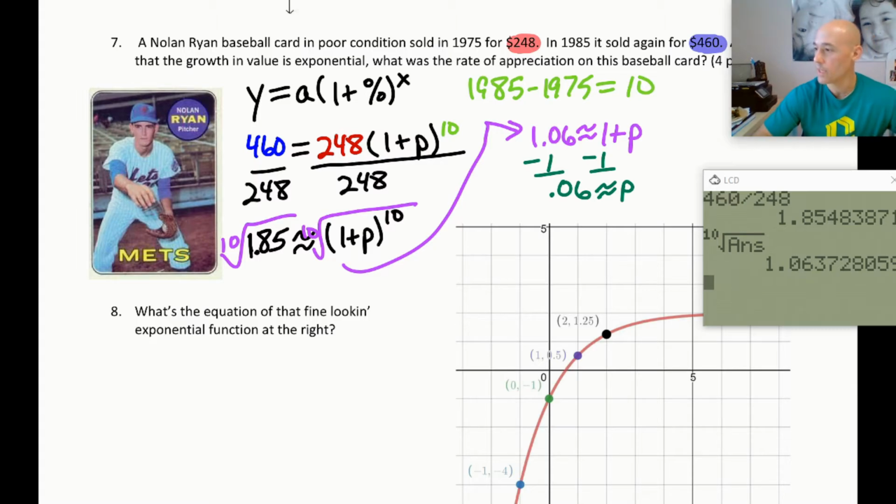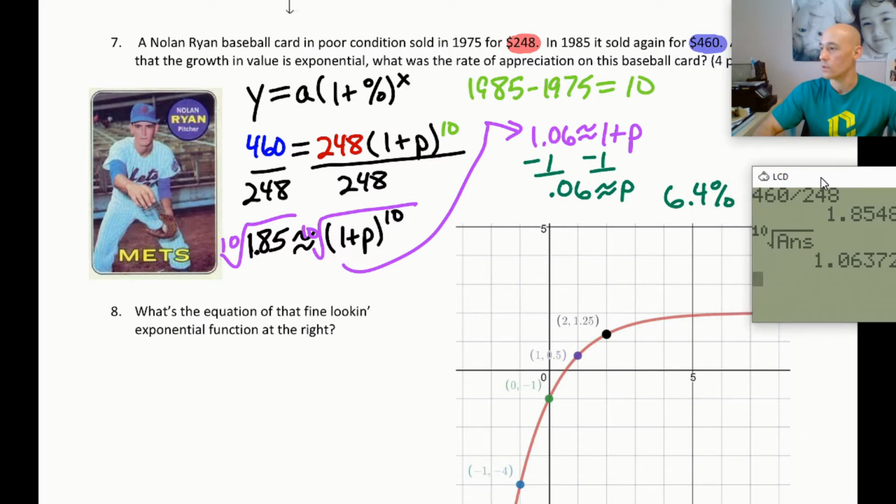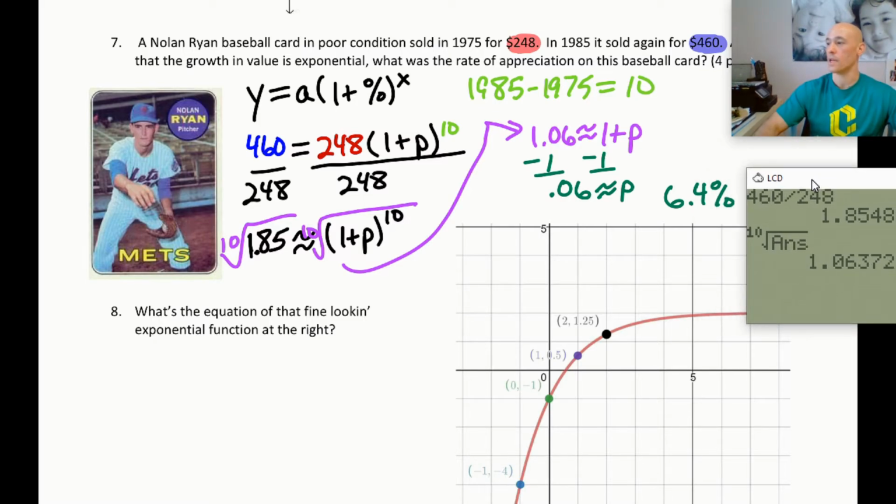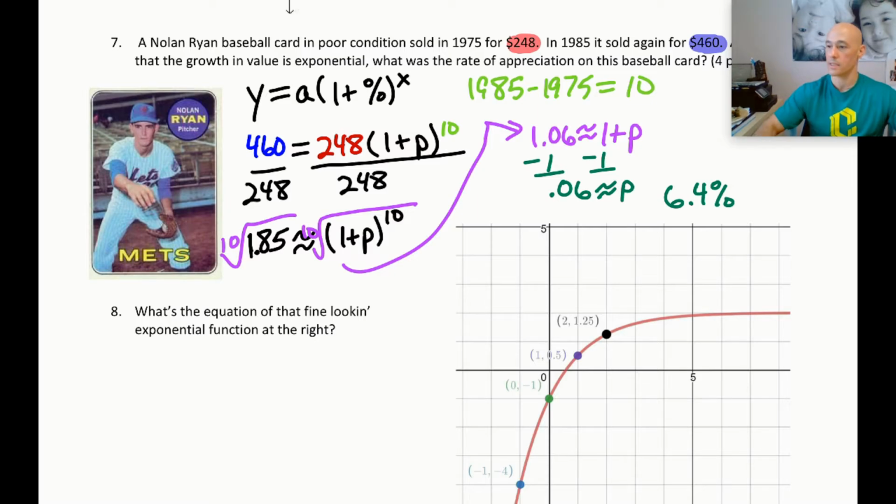And if I want to give a little better estimate, I can convert that decimal into a percent of approximately 6.4%. The reason I would do 6.4 is because this 3 right here will be rounded to a 4 due to this 7 right there. So 6.4% is a good estimate on that.